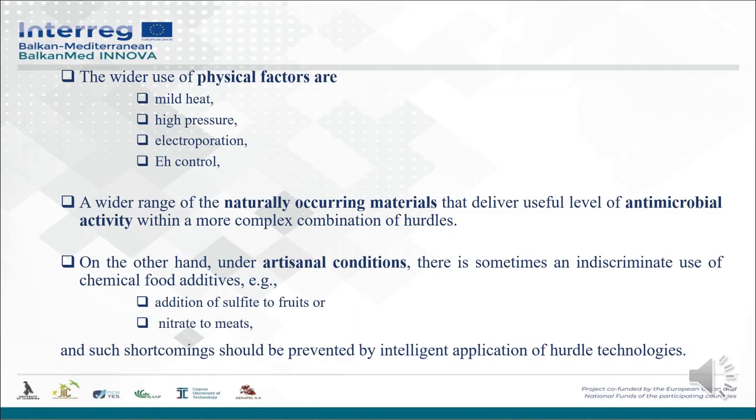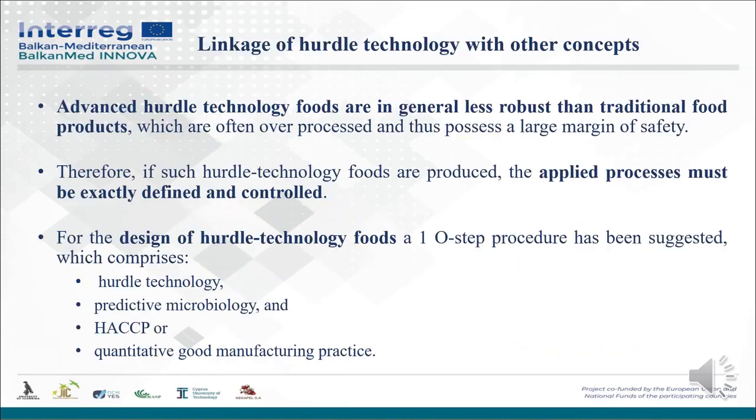On the other hand, under artisanal conditions, there is sometimes an indiscriminate use of chemical food additives. Example, addition of sulfites to fruits or nitrate to meat, and such shortcomings should be prevented by intelligent application of hurdle technologies.